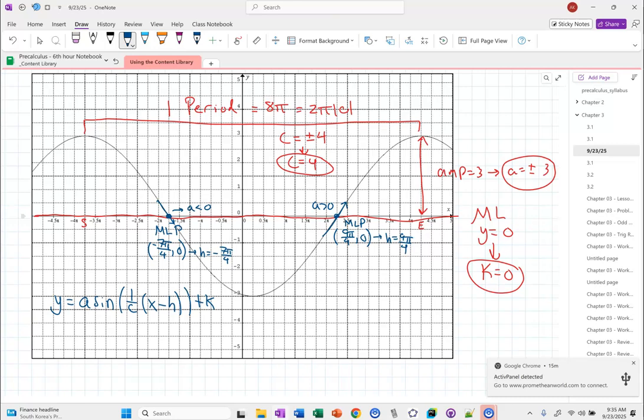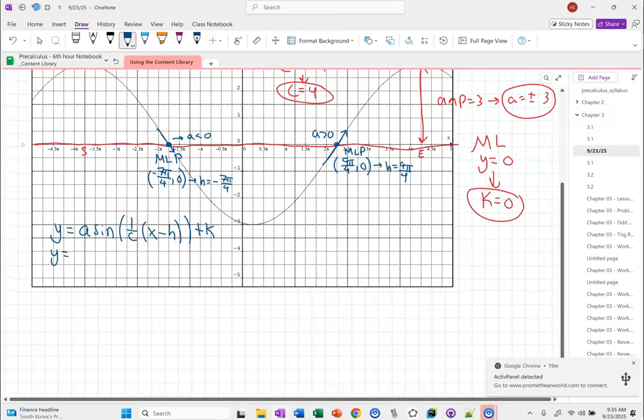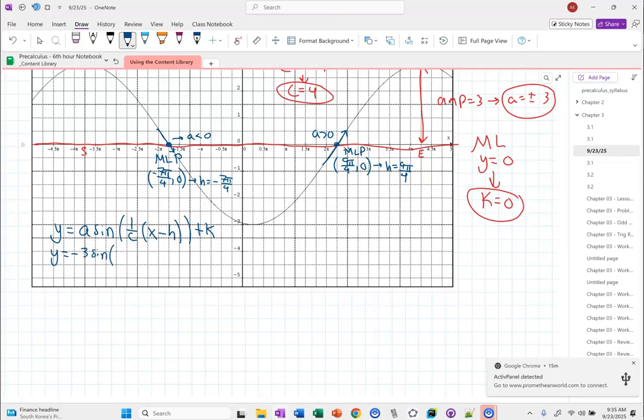Does it matter which point I use? No, they both would give you correct answers. So we could have written this as y equals negative 3 sine of 1/4 times (x minus negative 7 pi over 4) plus 0.